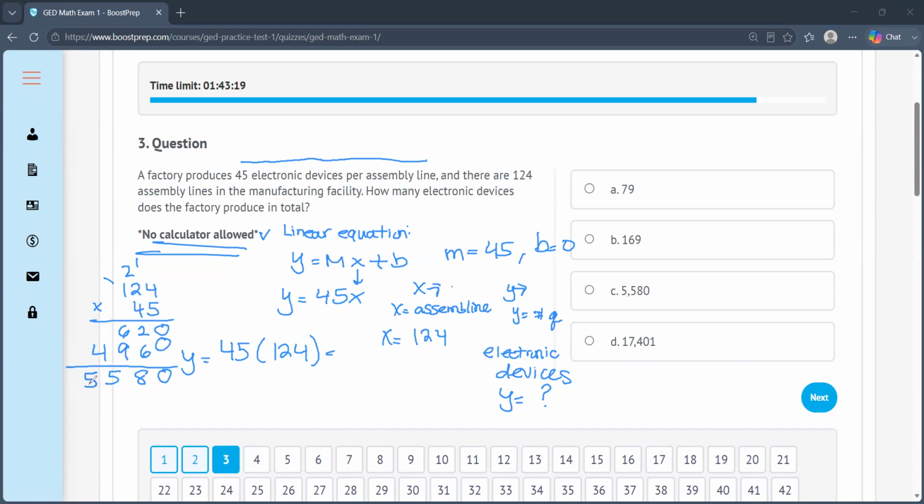Carry the 1. And that's your answer. C. 5,580 electronic devices are produced when there are 124 assembly lines. Okay, good.